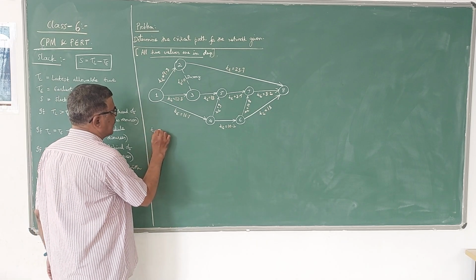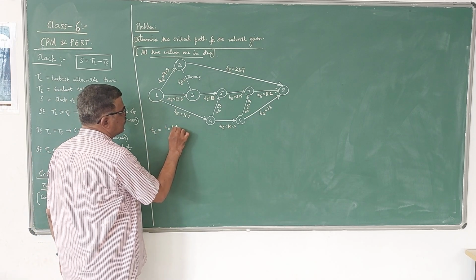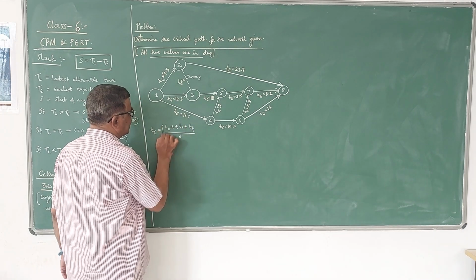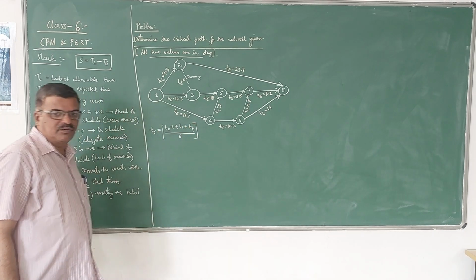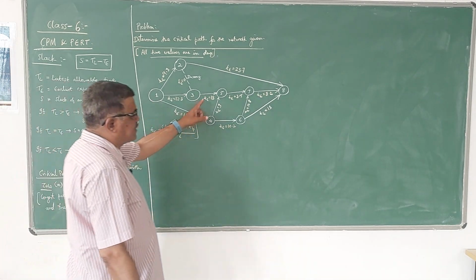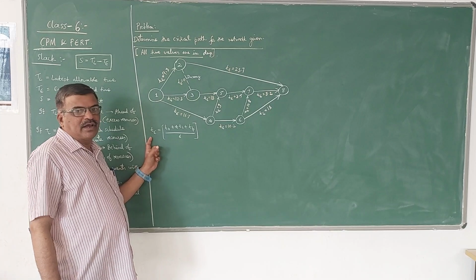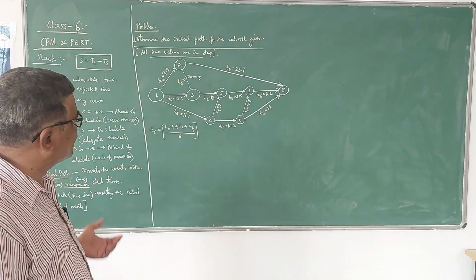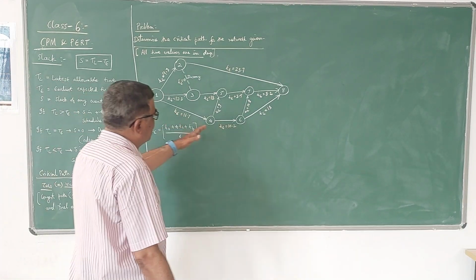This I have told in earlier lectures. TE equals TO plus 4TL plus TP divided by 6. It is the formula used to find the TE value. If TO, TL, TP for each activity is given, then you compute the TE value using this. Otherwise, if they give the TE value directly, you can just start from it.